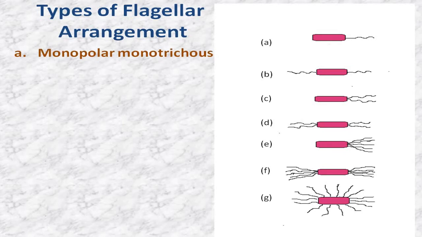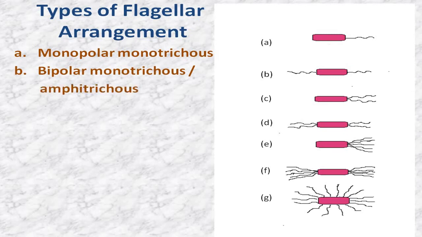As you can see, the first one is monopolar monotrichous, as a single flagellum arises only at one pole. When a single flagellum arises from both ends or both poles, it is called bipolar monotrichous or amphitrichous.